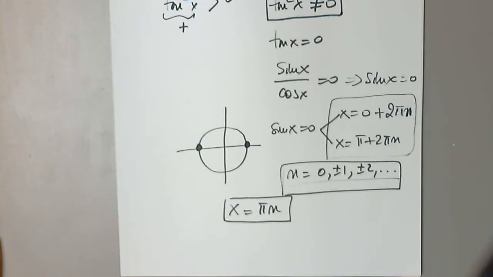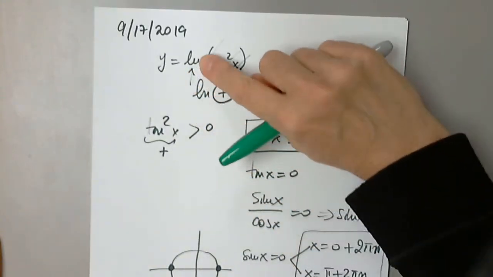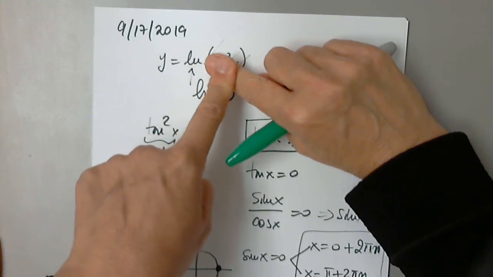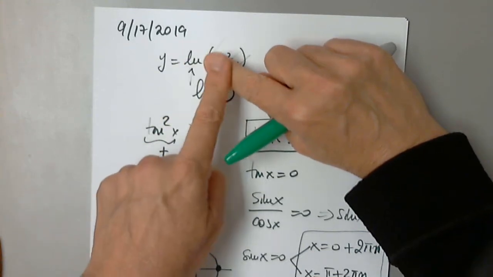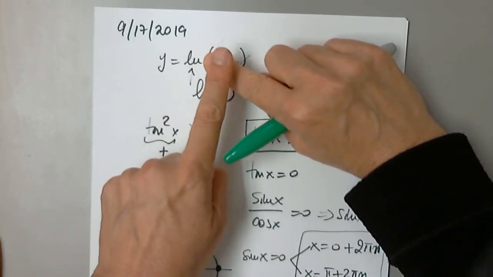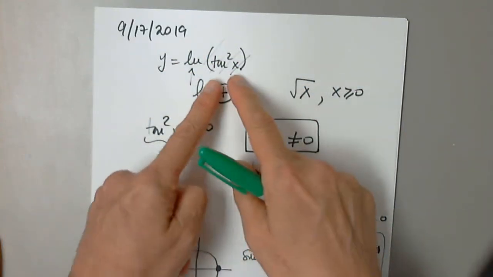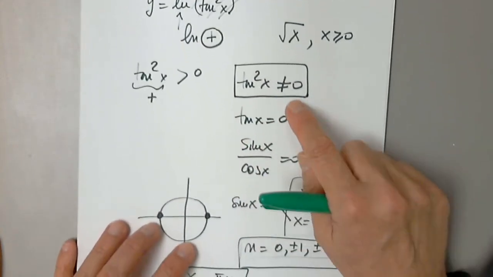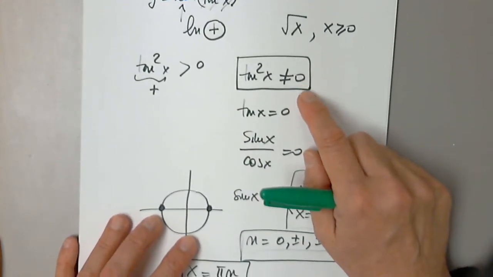So the condition was coming back. Let's discuss this one more time just to make sure. The problem is natural log, because natural log is not defined for anything I want. It's defined only for strictly greater than 0. And you can say that's wonderful, tangent squared is always positive. True. But what if it's 0? That's the only problem.